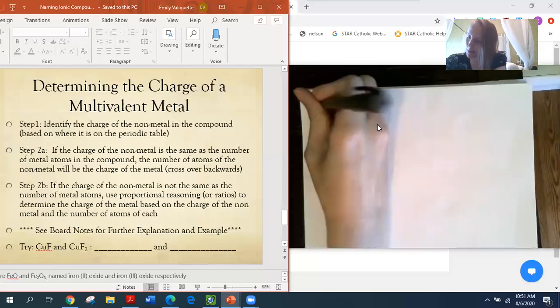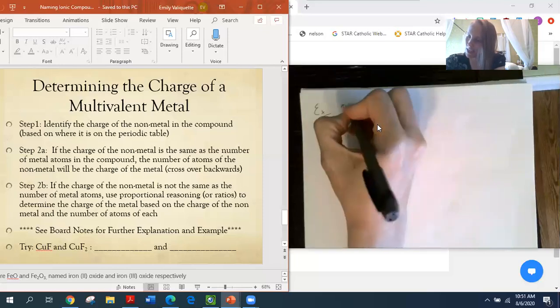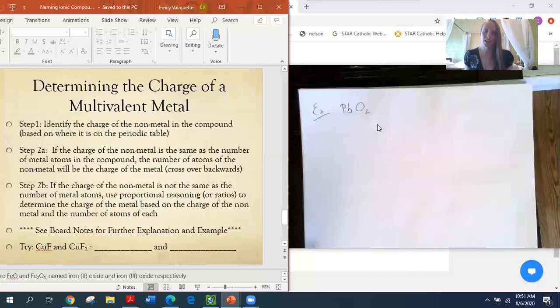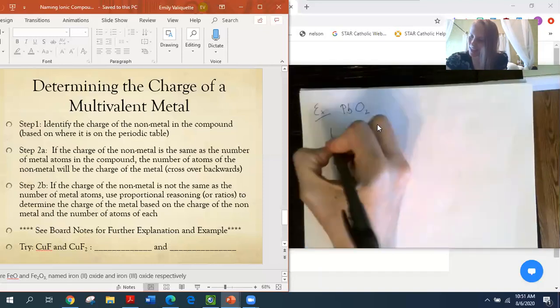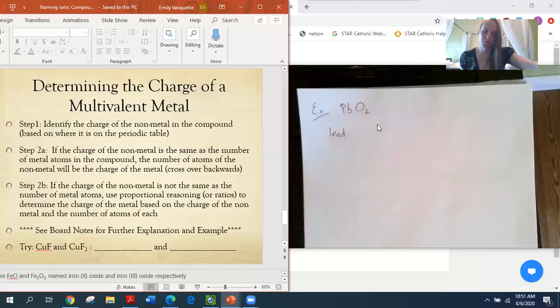So for this example, I am going to do PbO2. And you need to figure out what the name of this is. So our first step is to just say, okay, Pb is lead. Because of where it is on the periodic table, it's right here.